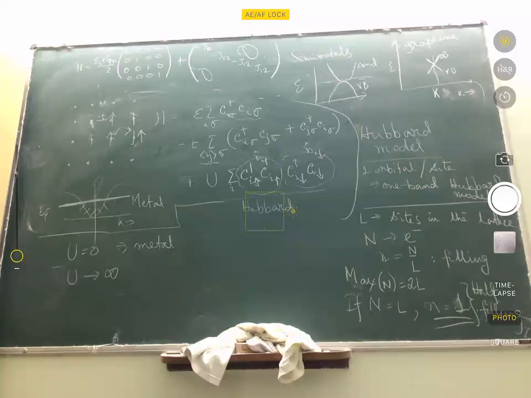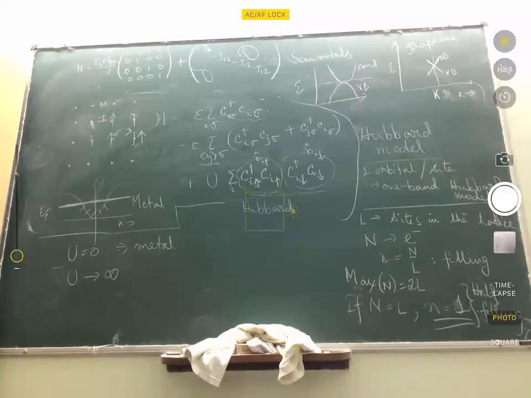Can you repeat that answer? Sir, if the electrons are all spin up, then they will come and occupy sites. If there are n sites, then n by 2 will be occupied, n by 2 will be empty, and the n by 2 sites each will have 2 electrons, one up and one down.